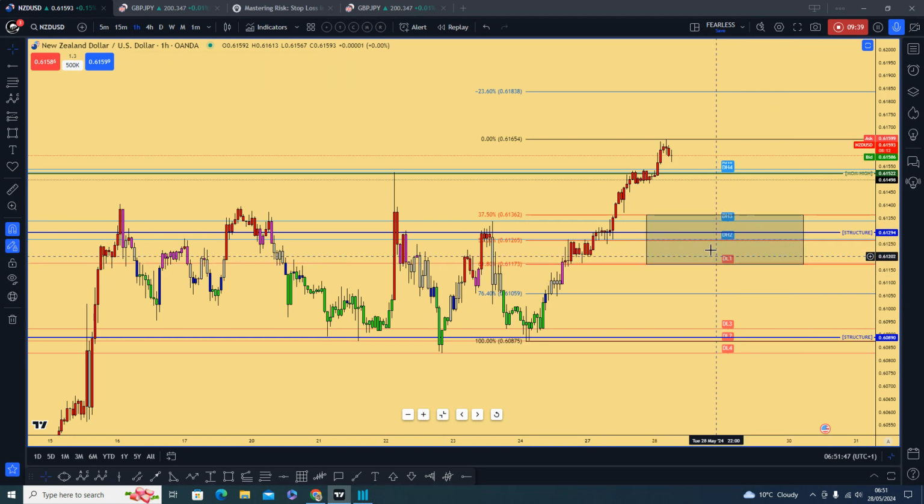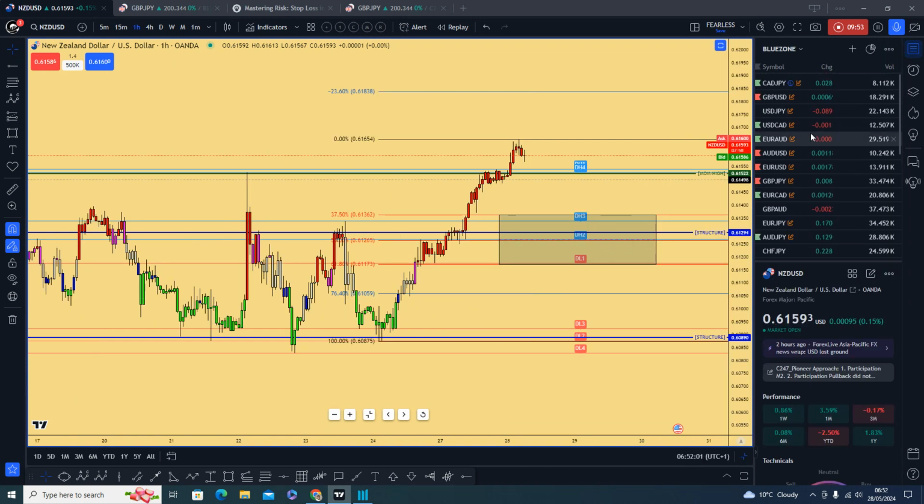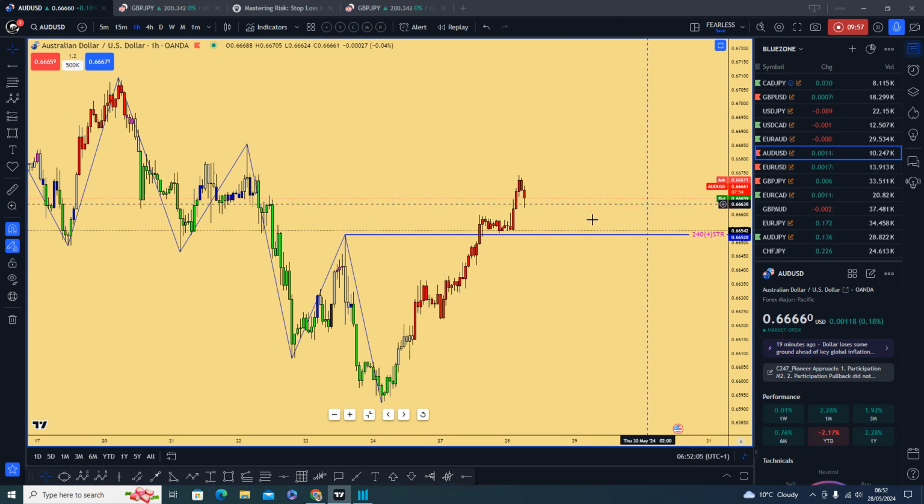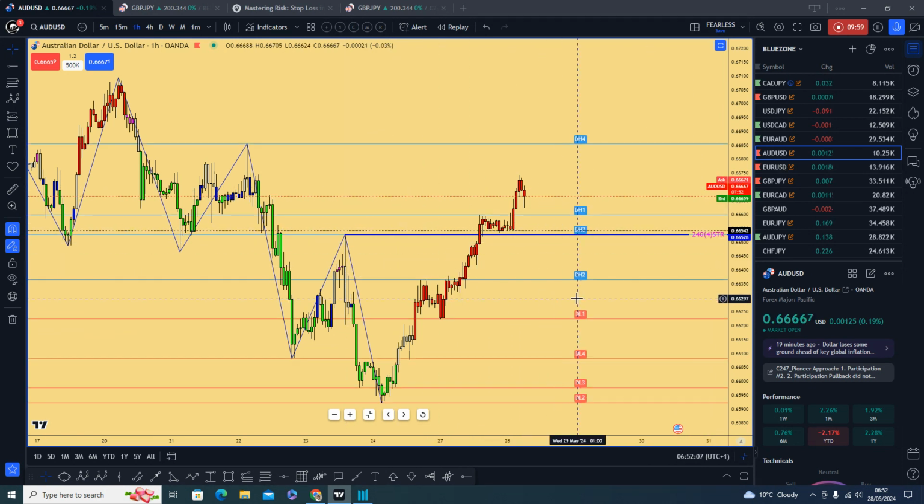So if we traded below inside this zone and start to come back above the structure, we will buy the New Zealand US dollar. Very similar to the Australian dollar US dollar, very similar to the Aussie. You can see what I'm talking about.